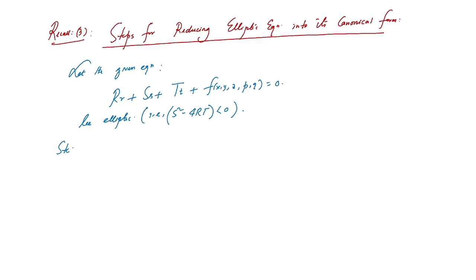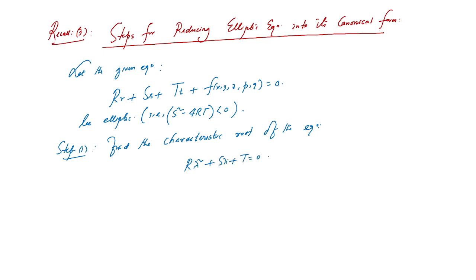So what will be step 1? Step 1: find the characteristic roots of the equation R lambda squared plus S lambda plus T equals 0.